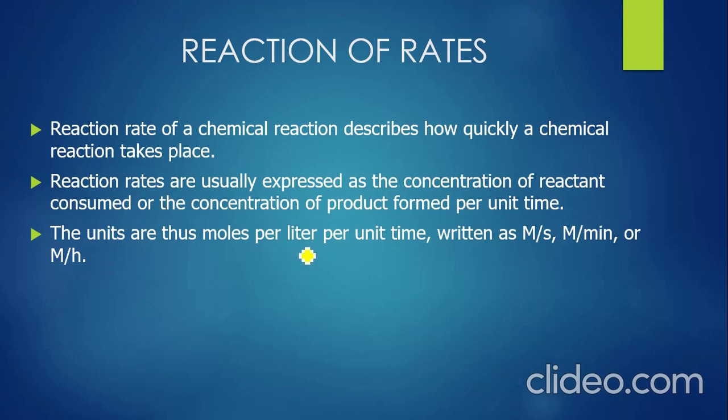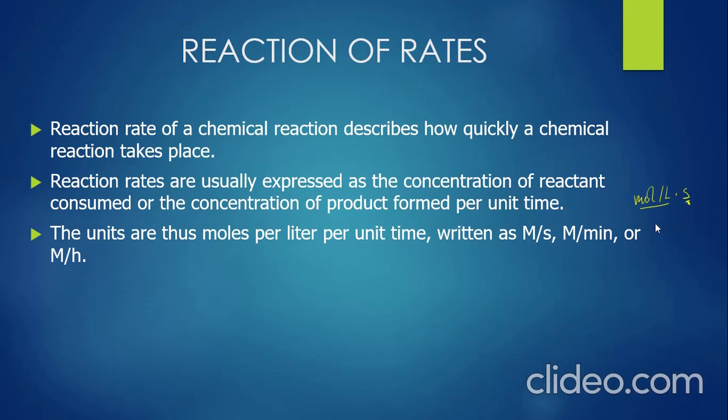Note that concentration can be measured in moles per liter. So the units can be mole per liter per second, or per minute, or per hour. Note that this is concentration and this is the time, which can be measured in seconds, hours, or minutes. You need to take note of that.